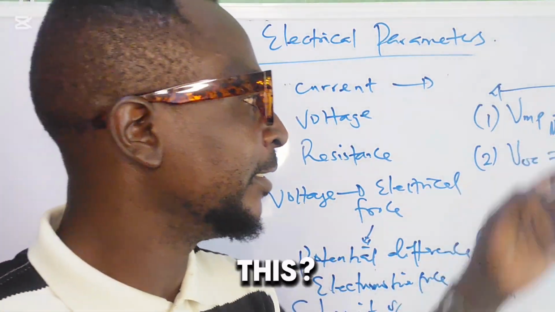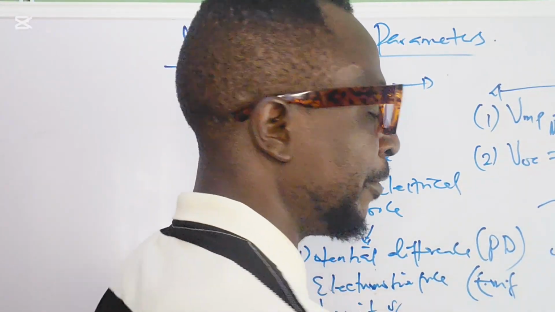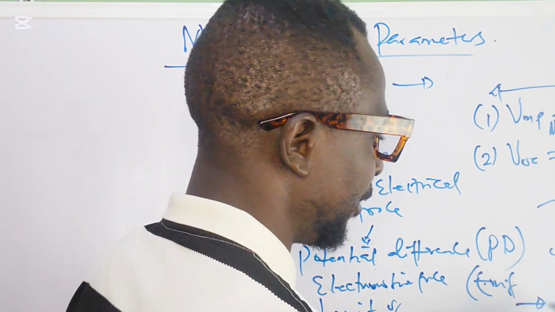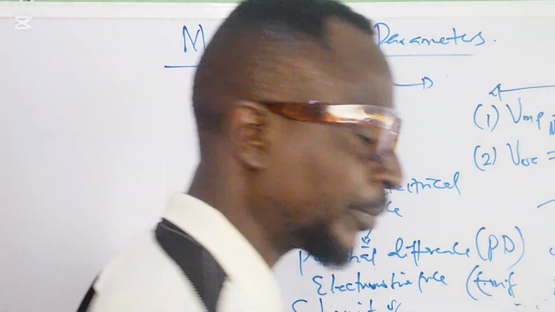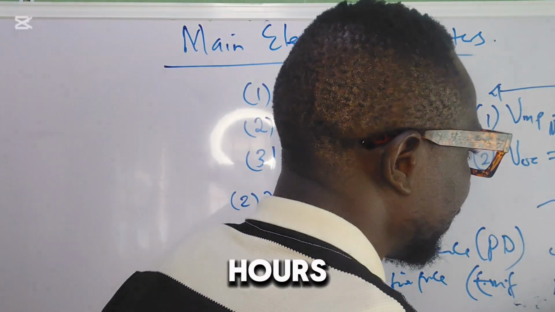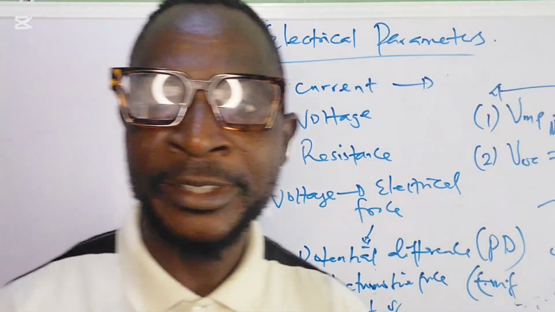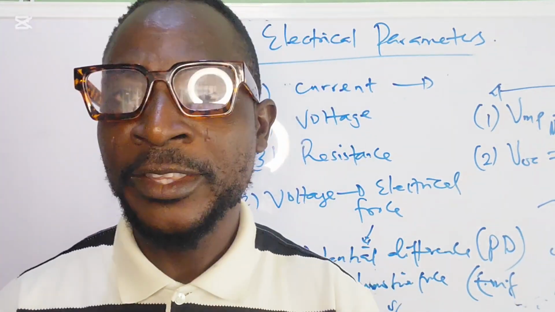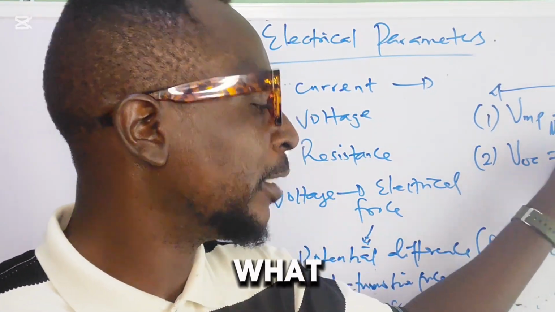And how can you get this? You can get this after you must have connected everything. For instance, if your battery is during bulk charge, and at peak sun hours, if you take your meter and check the PV terminal of your charge controller, the voltage you will be getting at this point is your voltage at maximum power.